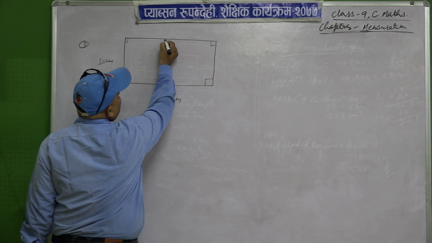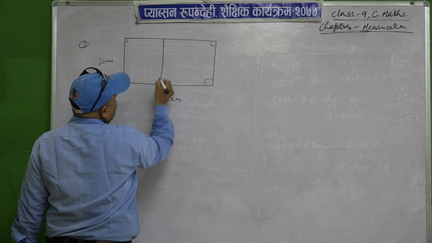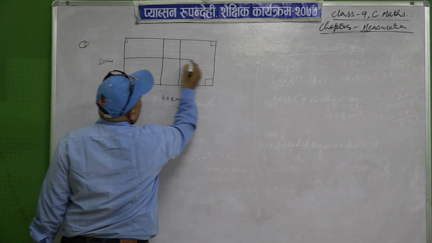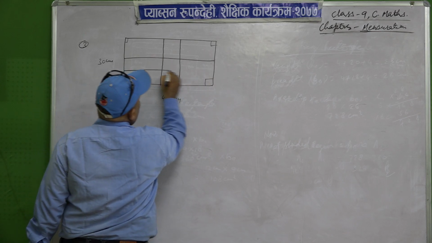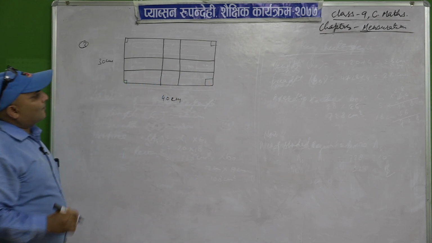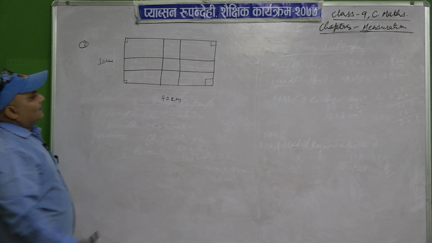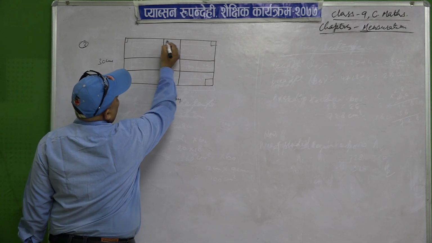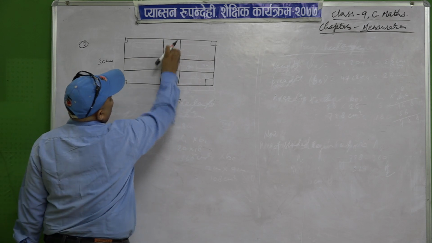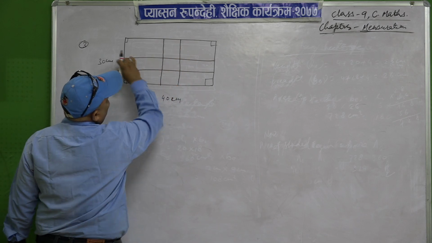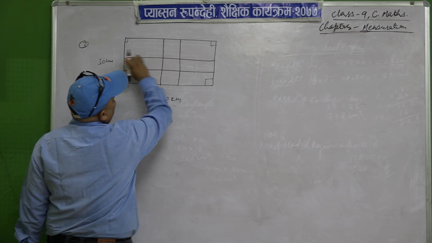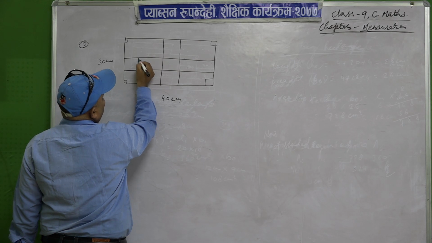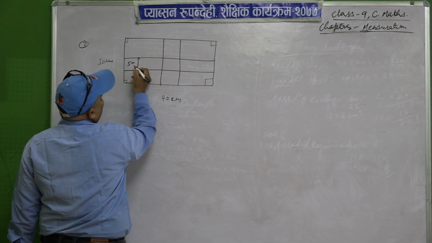And suppose these are the two uniform roads, uniform paths or uniform ways, of which breadth is given 5 centimeter.